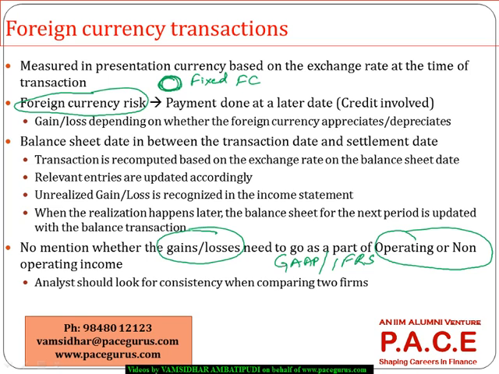You will always pay or receive the foreign currency in fixed numbers only, but when you translate it to your local currency, you may be receiving more or less depending on the appreciations and depreciations of the currency. That is where the foreign currency risk exists in case of foreign currency transactions.